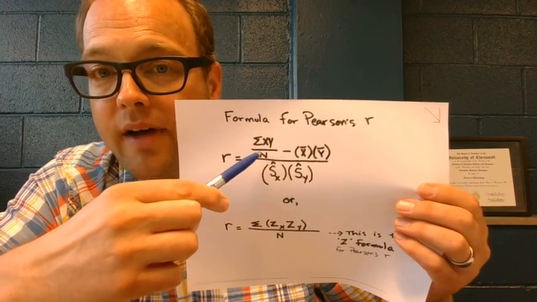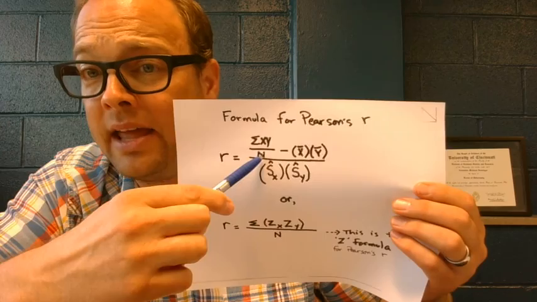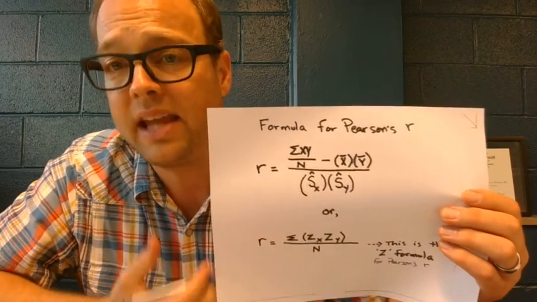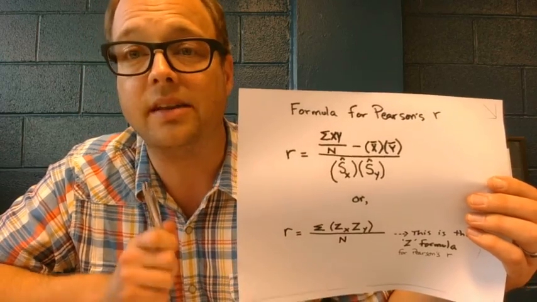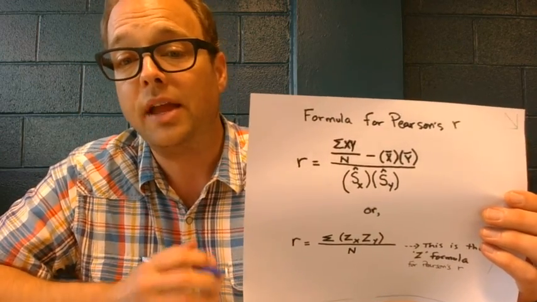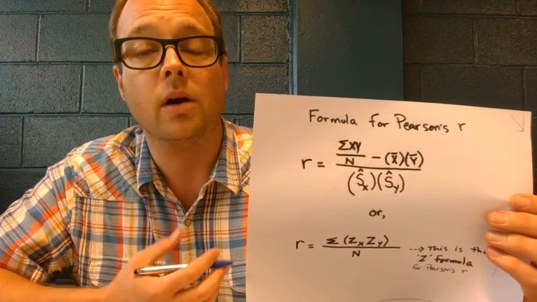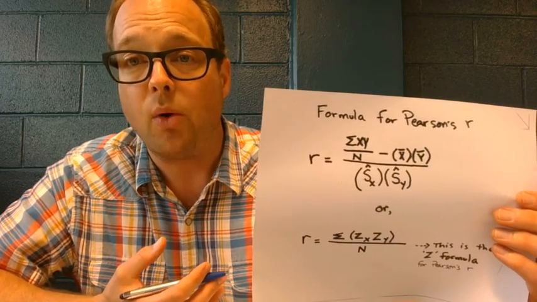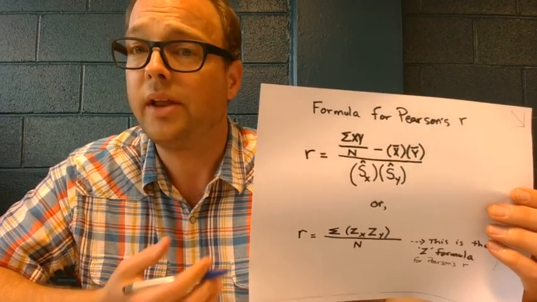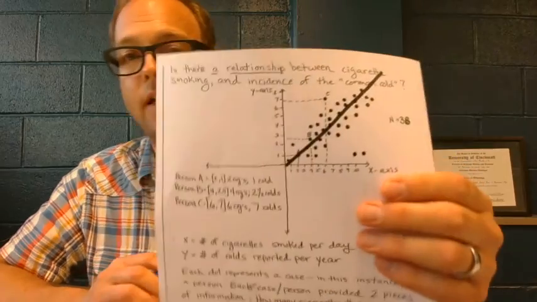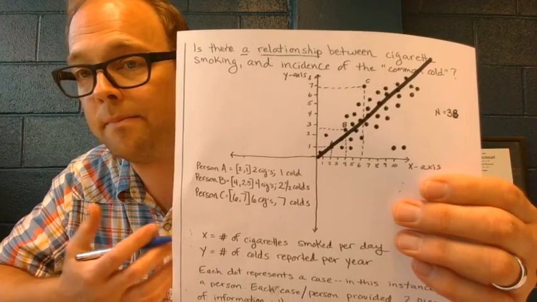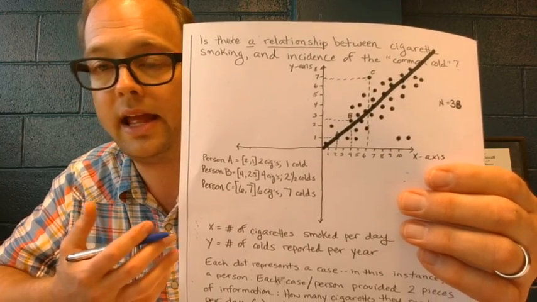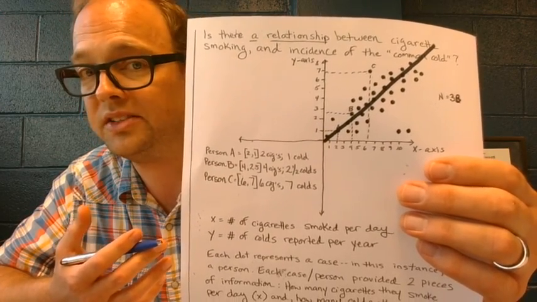And then divide by n. And n is simply the number of cases in our analysis. Not the number of data points, the number of cases. So think back to that scatter plot where there were 38 data points, 38 people that provided two pieces of information, how many cigarettes they smoke in a day and how many colds they experience in a year.